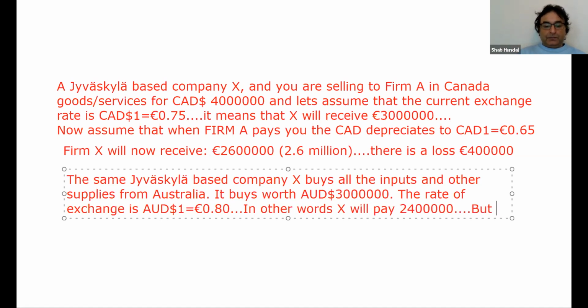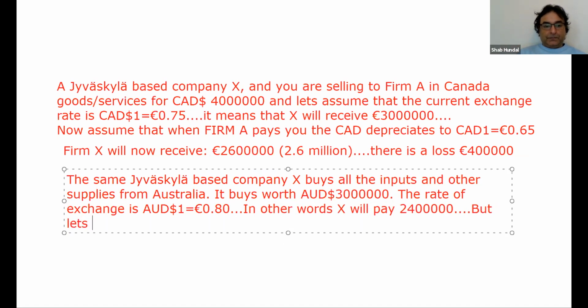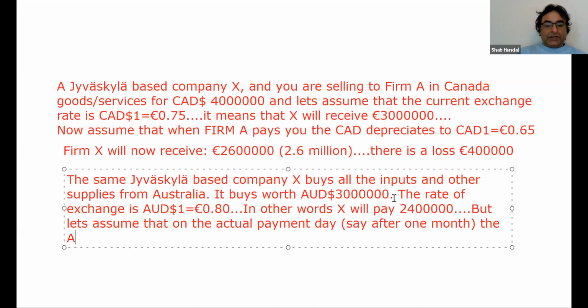Let's assume that on the actual payment day, say after 1 month, the Australian dollar appreciates to 1 equals euro 95.